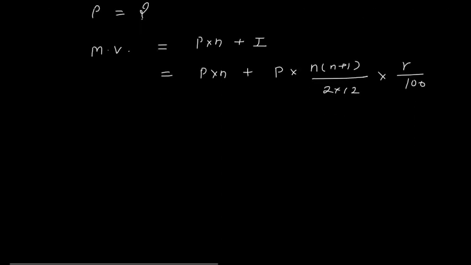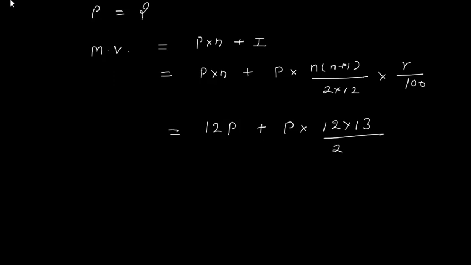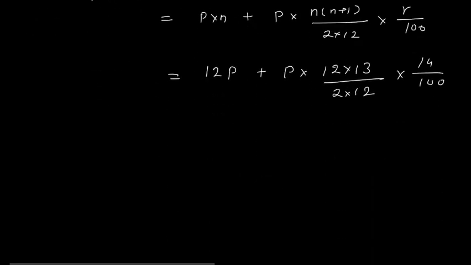Now the value of N is 12. So it is 12P plus P into 12 into 13 upon 2 into 12 into the rate of interest, which is 14 upon 100. The maturity value given is 6455.